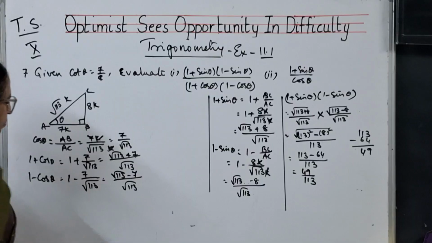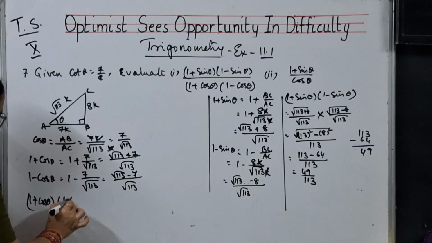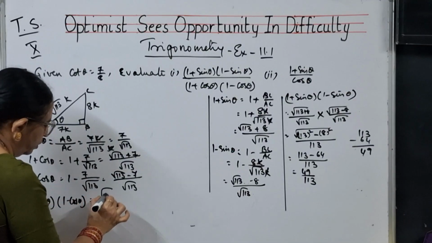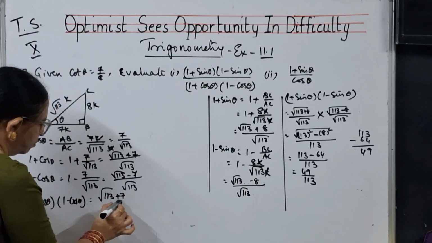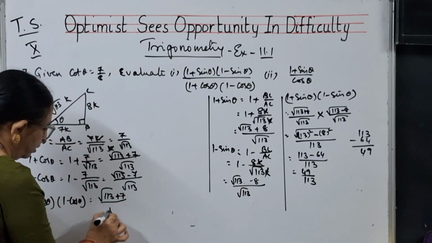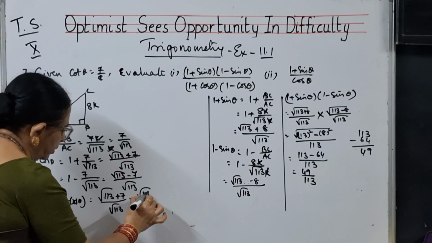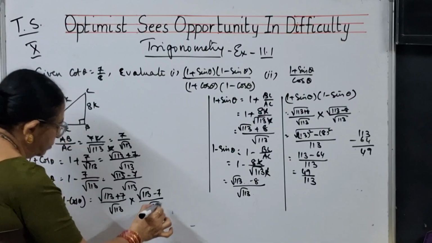So you need to multiply 1 plus cos theta into 1 minus cos theta. That is equal to root 113 plus 7 by root 113 into root 113 minus 7 by root 113.